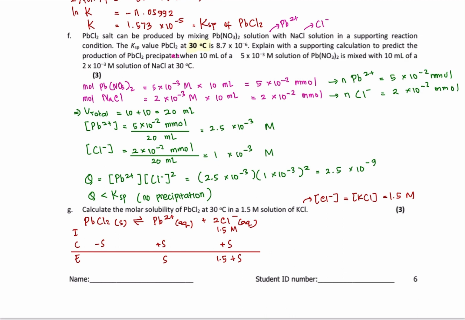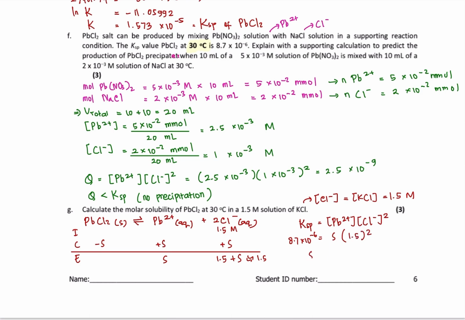And if you see the KSP, this is very small, so we can neglect the value of S over here. So this is the same as this one. So the next one here is just calculating the KSP, which is Pb2+ times Cl- squared, and then we just put the value of the KSP at 30 degrees Celsius, which is this value, and then the concentration of Pb2+, which is S, and then the concentration of Cl-, which is 1.5 squared.